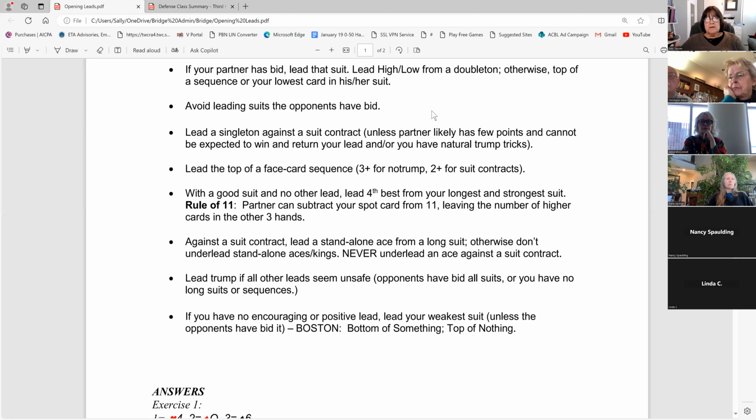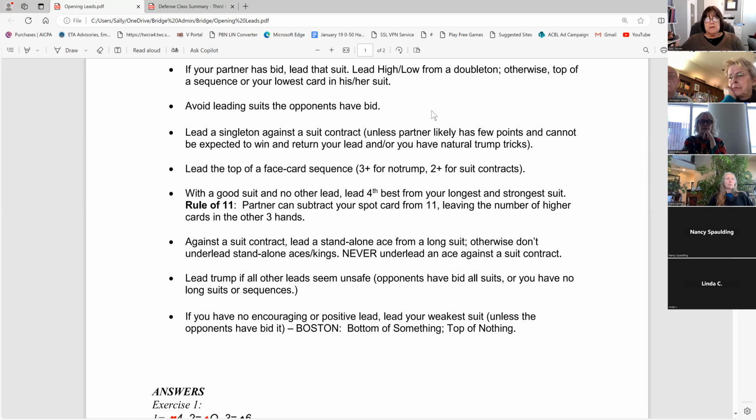So a singleton is frequently a good lead. A doubleton is much less frequently a good lead, because for a doubleton to work, your partner's got to win the suit twice, and be able to lead back to you, and for you to have trumps. And all of this needs to happen before declarer can come in and draw your trump.